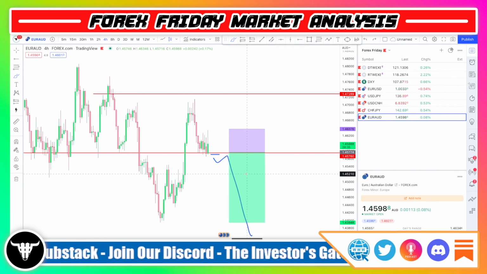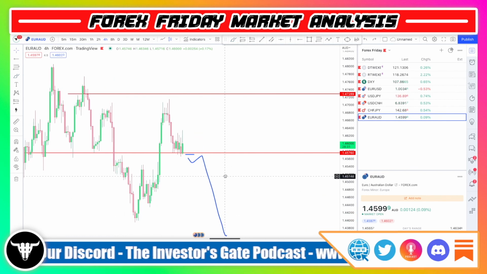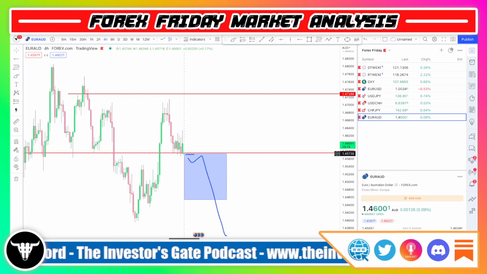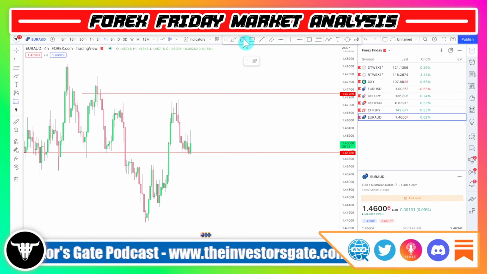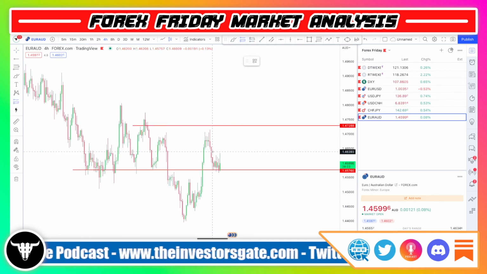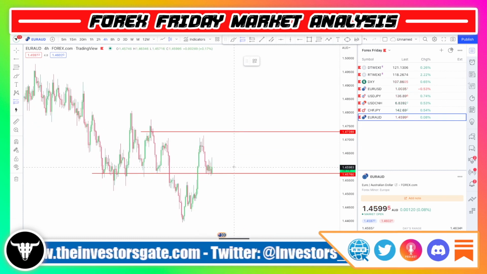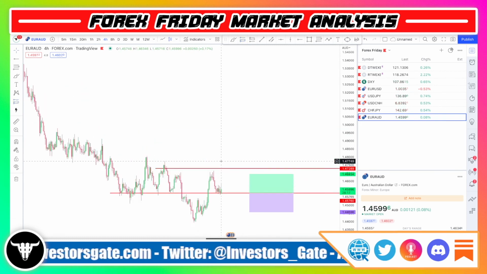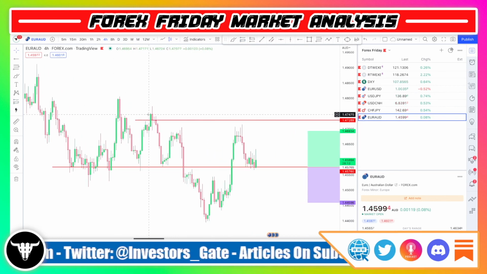And can we get rid of you? All right, but what is this? Euro AUD, and again, that would actually make sense because we are in this downtrend, and it looks like we could have been pulling liquidity from here.